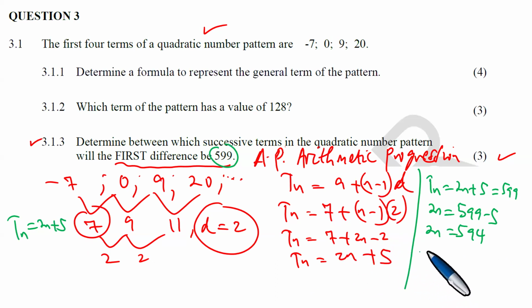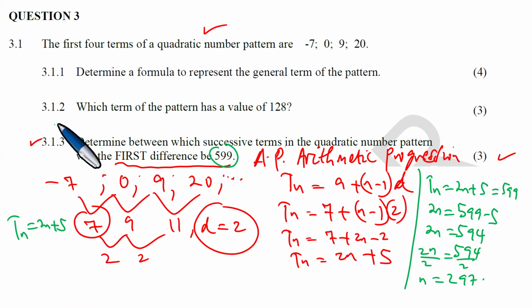Then you divide both left and right by 2, meaning n is 594 divided by 2, which is 297. So now it means this difference will be between term number 297 and term number 298.